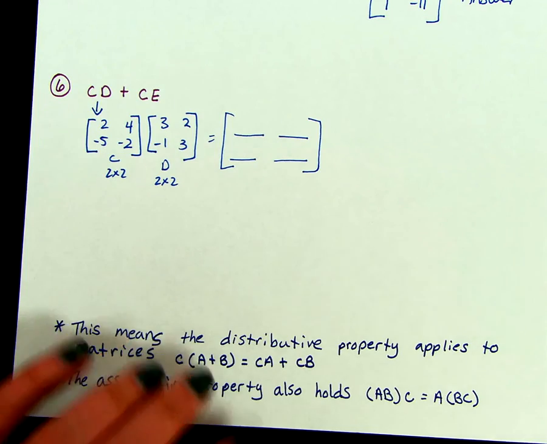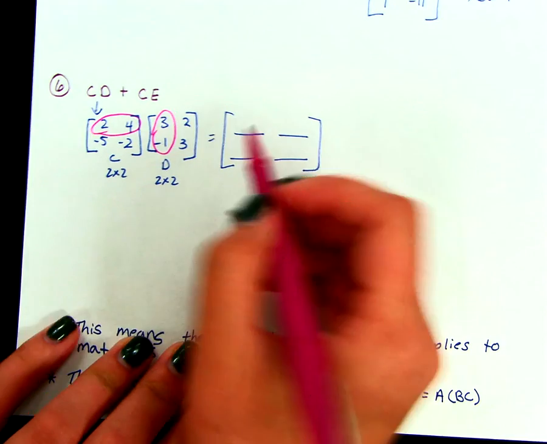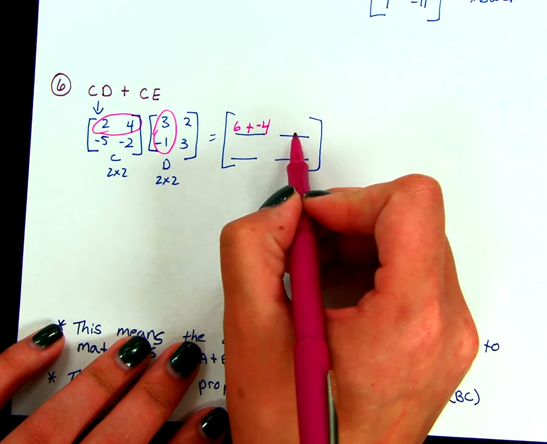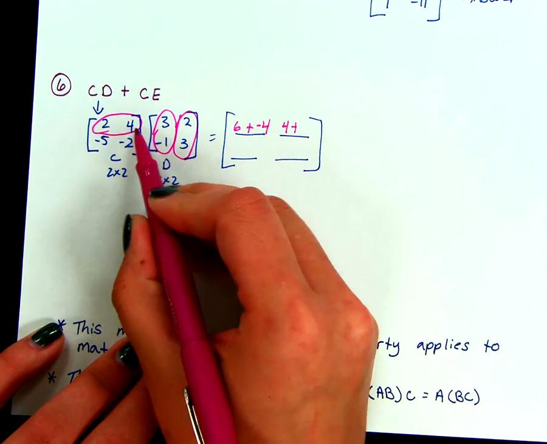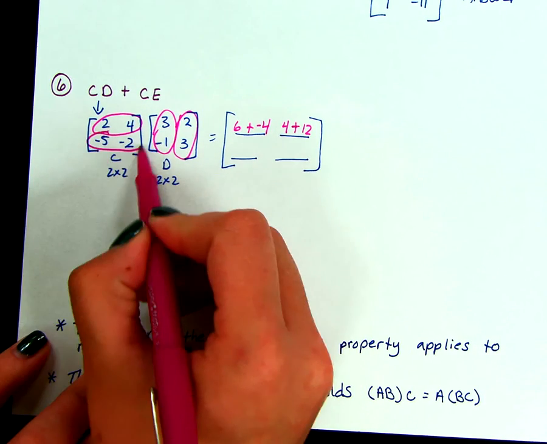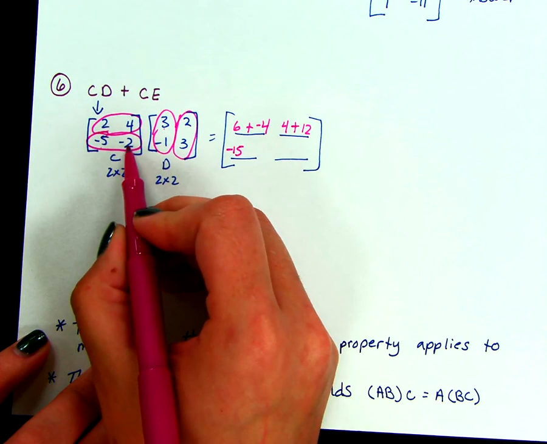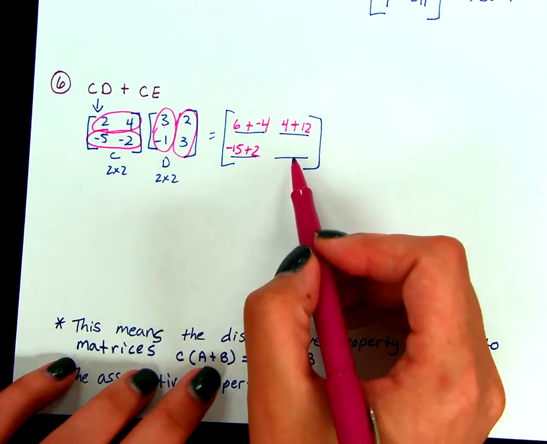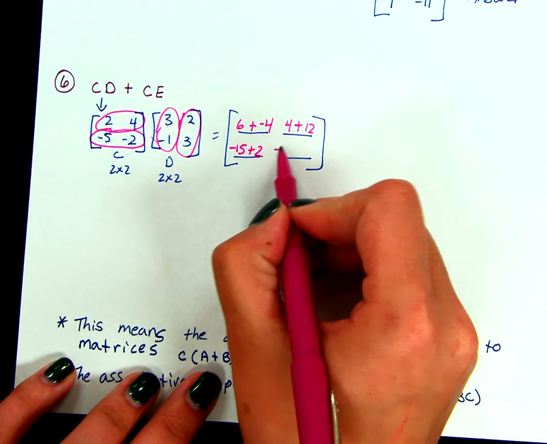So first row, first column. So 2 times 3 gives us 6. 4 times -1 is -4. And then we have first row, second column. So 2 times 2 is 4. 4 times 3 is 12. Second row, first column. So now we're using this row back to the first column. -5 times 3 is -15. -2 times -1 is 2. And then the second row, second column. -5 times 2 is -10.